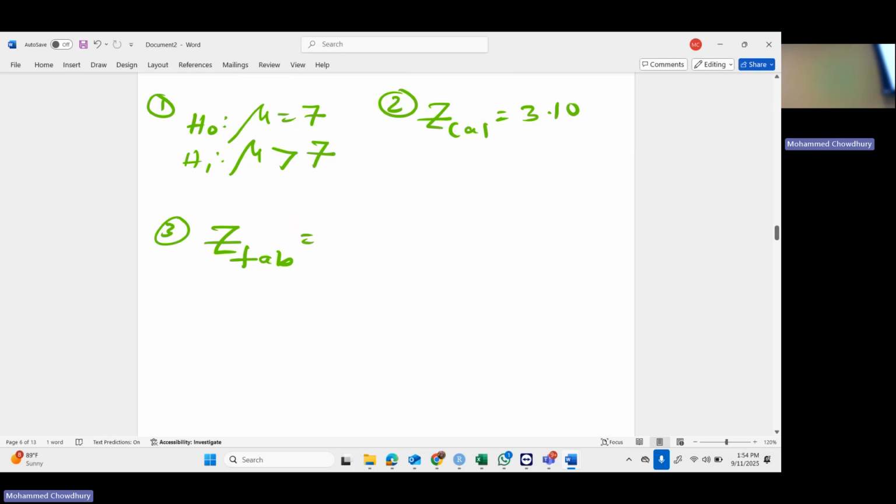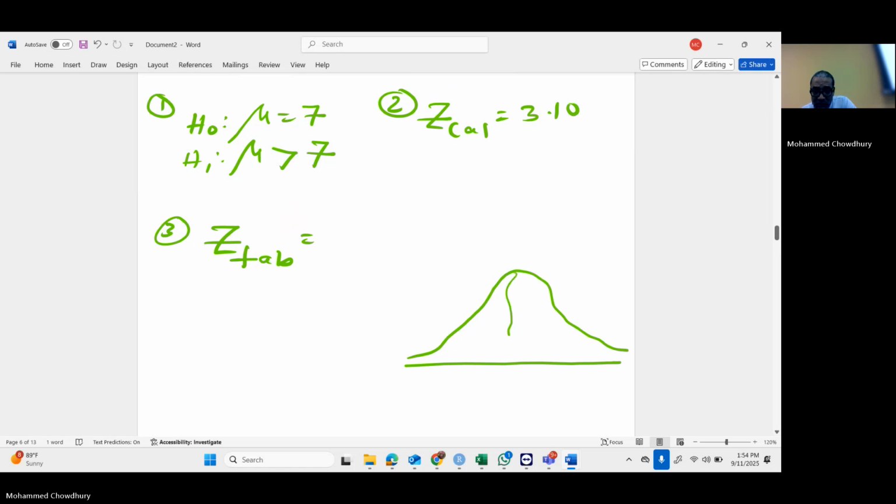There are 3 sets of null and alternative hypothesis, right? Now I am showing you how to decide whether you are going to reject or fail to reject the null hypothesis. In this case, I want to write it in here so that it will be easier for you. As it is greater than, all 5% will go in there.